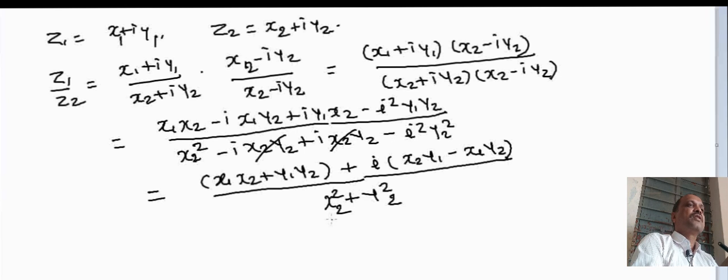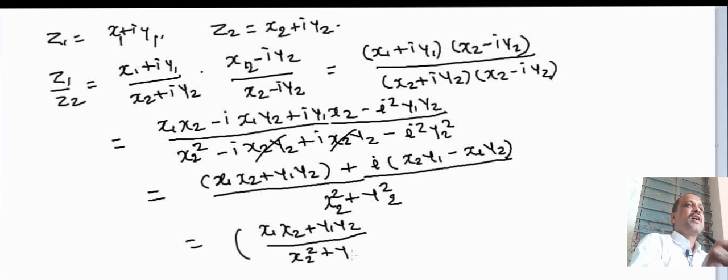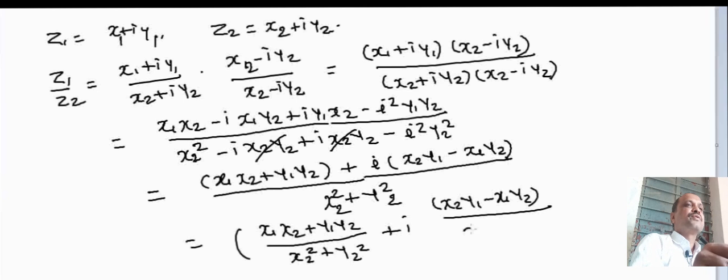We write it as (x1 x2 plus y1 y2) divided by (x2 square plus y2 square) plus i into (x2 y1 minus x1 y2) divided by (x2 square plus y2 square).